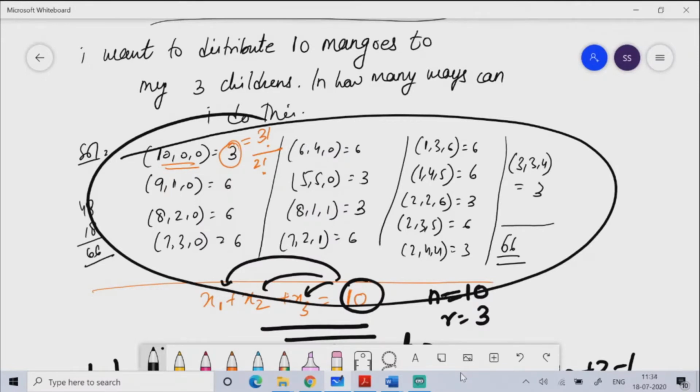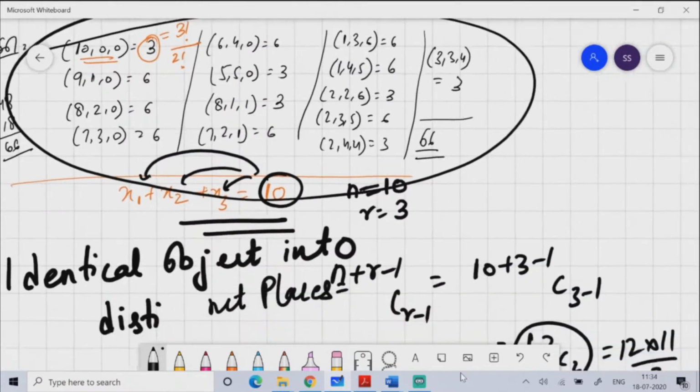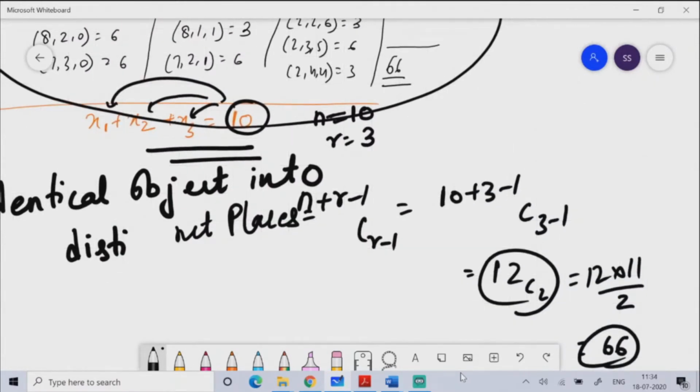Or you can solve the same problem by just using this formula, the identical objects into distinct places formula, which is (n plus r minus 1) C (r minus 1), and you got the same answer, 66. This became possible because we went one step further and started using the application of factorial while solving problems on numbers. That gives the initiation of permutation and combination.